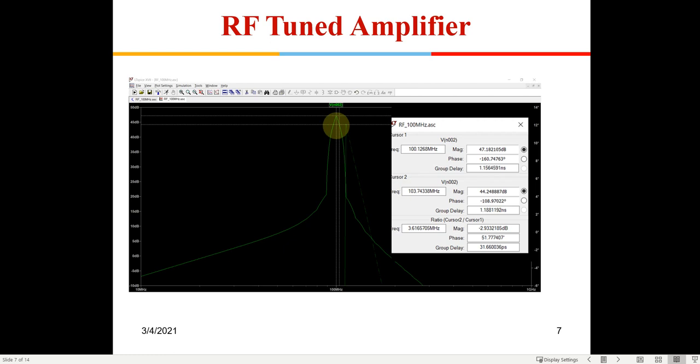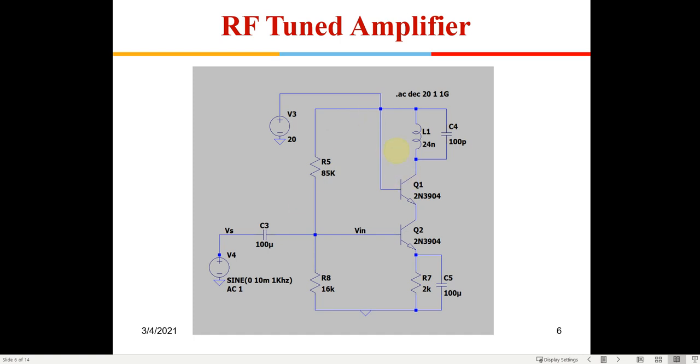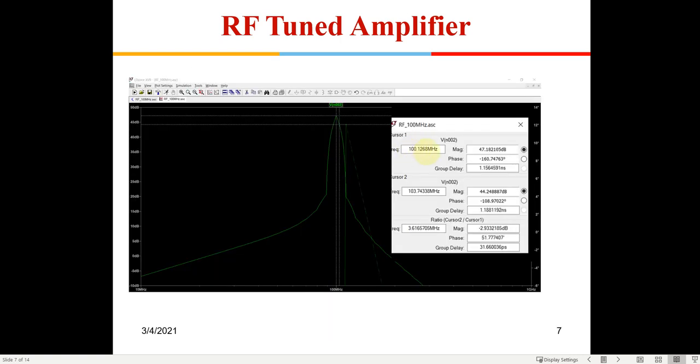So all these frequencies will be amplified by this amplifier, although I have tuned it for 100. I have tuned it for 100, but still all frequencies from 97 megahertz to 103 will be amplified by this circuit.